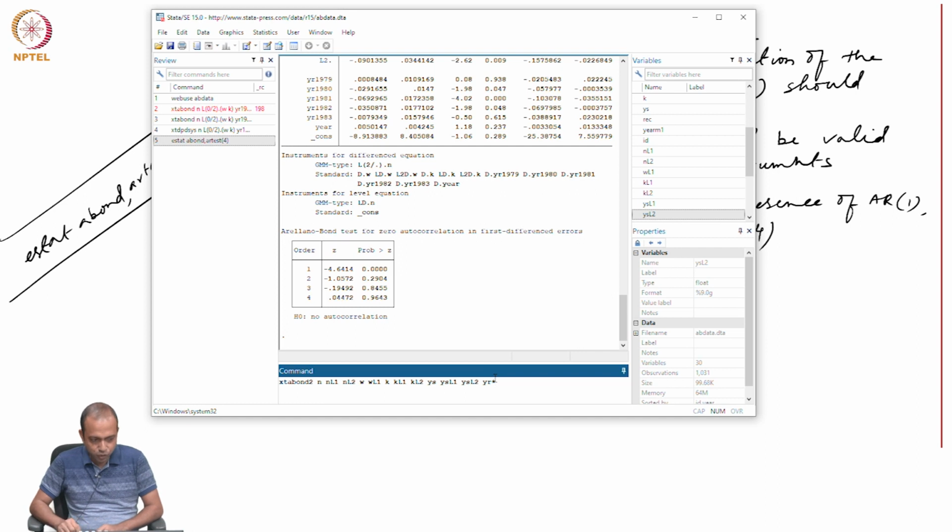Now, in this xtabond2, after specifying your basic model, that means my dependent and all my independent variables, I need to specify which are my GMM type instruments coming from Arellano-Bond logic, and which are the instruments coming from the standard logic. Each of the predetermined variables, which includes lag dependent and other exogenous variables, they themselves are their instrument following that standard logic, right.